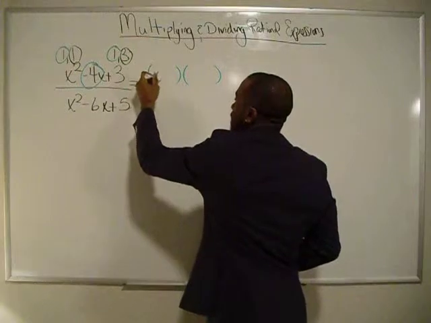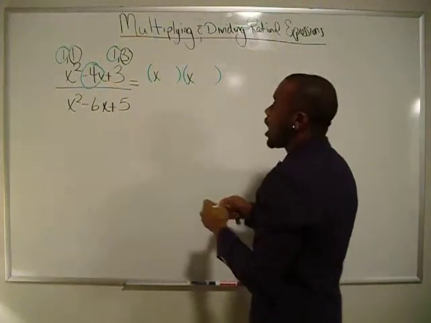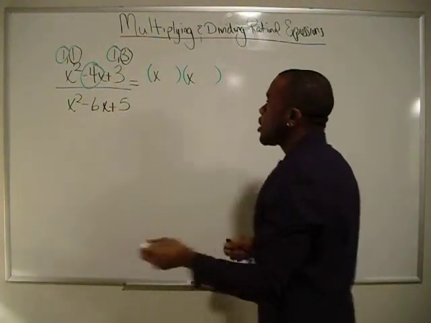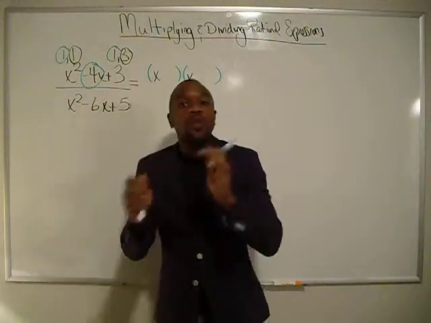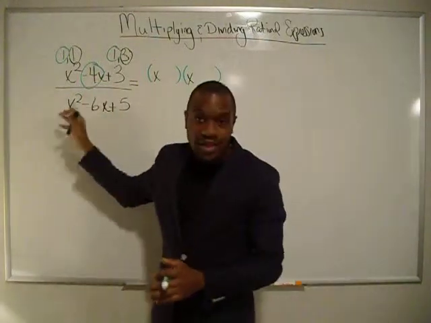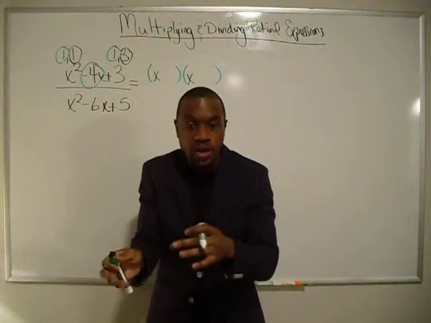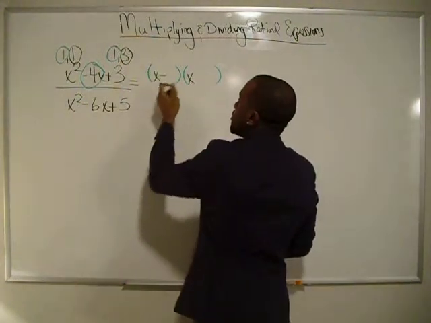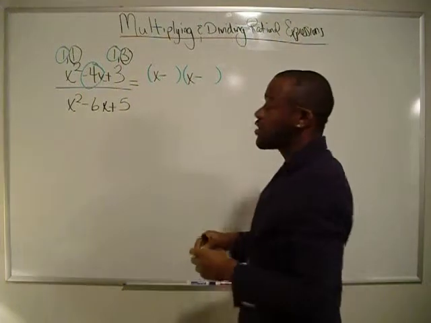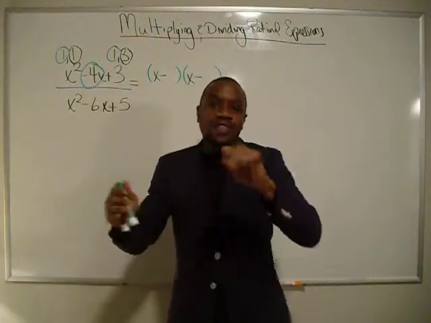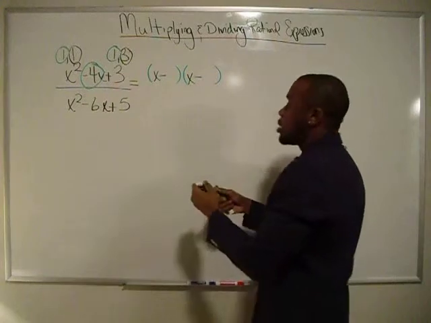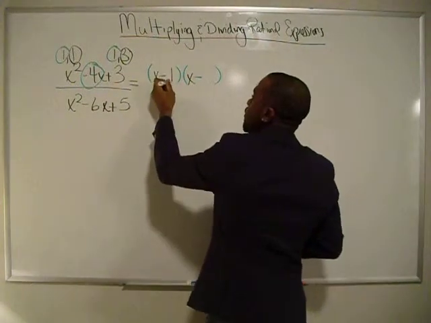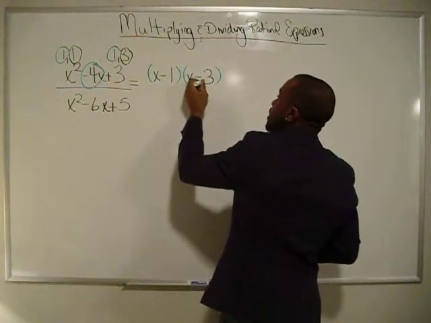So here we go. We write the x's down, okay? And now we have a minus and a plus. When we have a setup in a trinomial like this, in a minus and a plus fashion, we have to put negatives in both of the binomial setups, okay? So the negative and negative is positive, right? Perfect. So now, we fill in the blanks with 1 and 3.